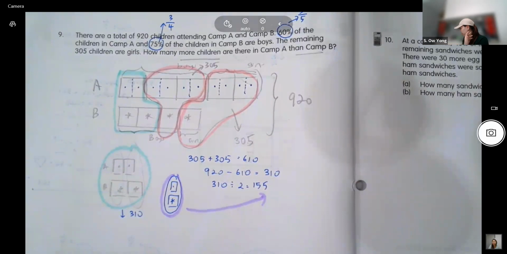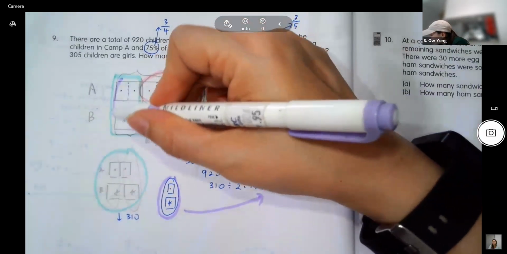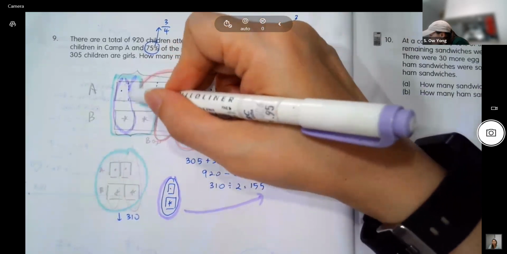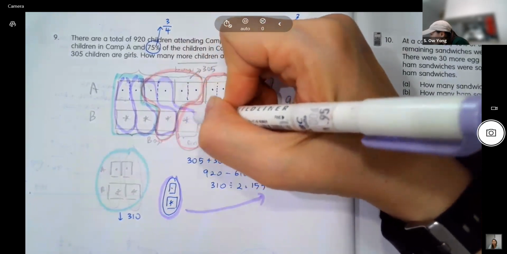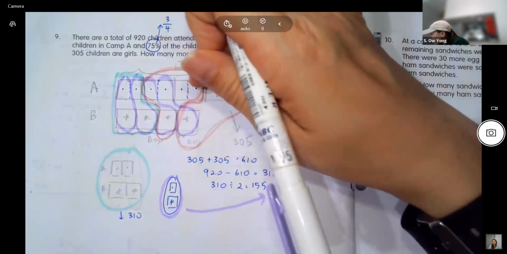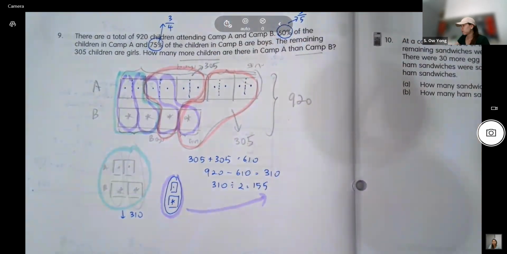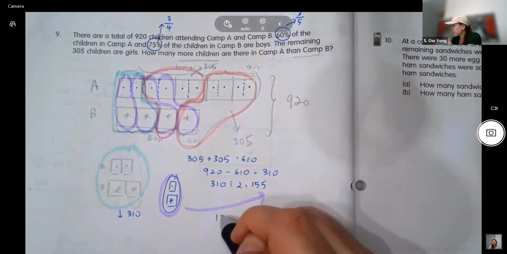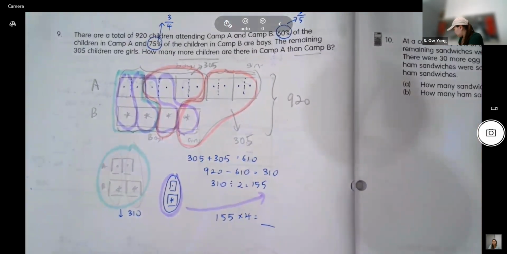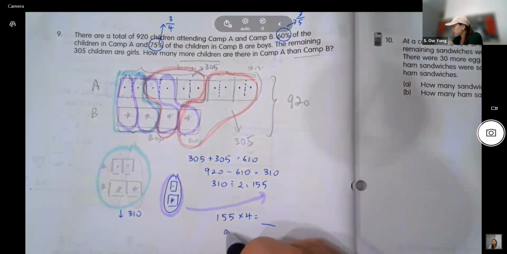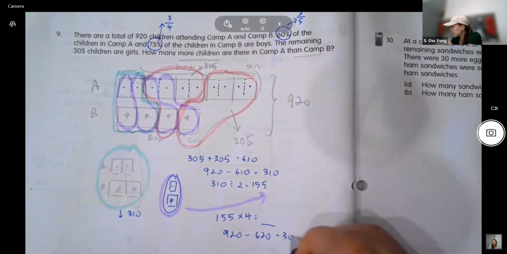So what am I going to do next? So you check now. I can have 1 group, 2 groups, 3 groups, and 4 groups. And the rest I will get 1, 2, 3, 4, 5, 6. 6 units of the dots. So what I'm going to do is take 155 times 4. Then I will minus away to get 300.